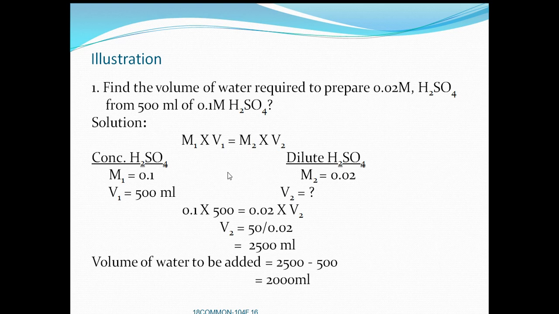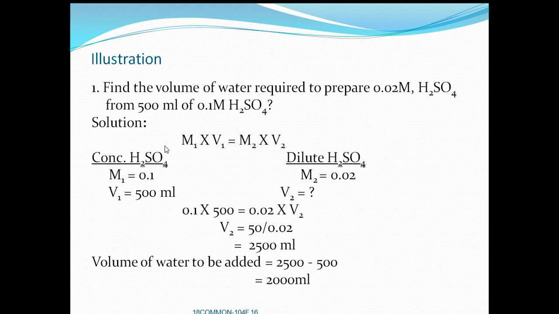He is asking how much water is required to prepare another solution. Firstly, it is 0.02 M. We have to prepare 0.02 M H2SO4 solution. Primarily, this has 500 ml volume, so V1 equal to 500 ml.